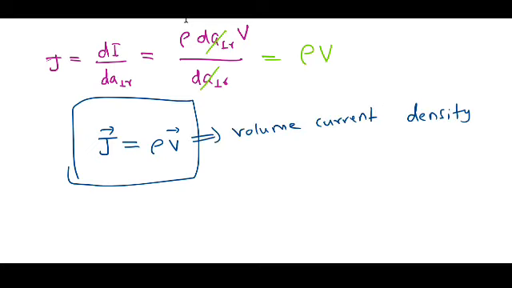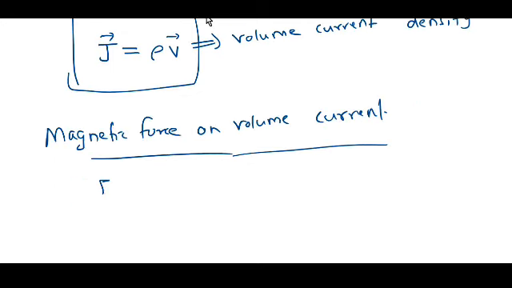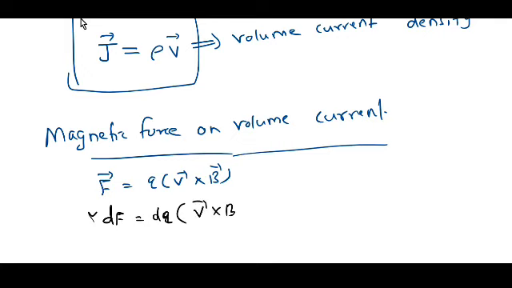Then what is the magnetic force on this volume current? We can start with F is equal to Q into V cross B, which is the force on a charge Q. Then the force on a small amount of charge dQ is given by dF, which is equal to dQ V cross B. As usual, we define rho is equal to dQ by d tau.